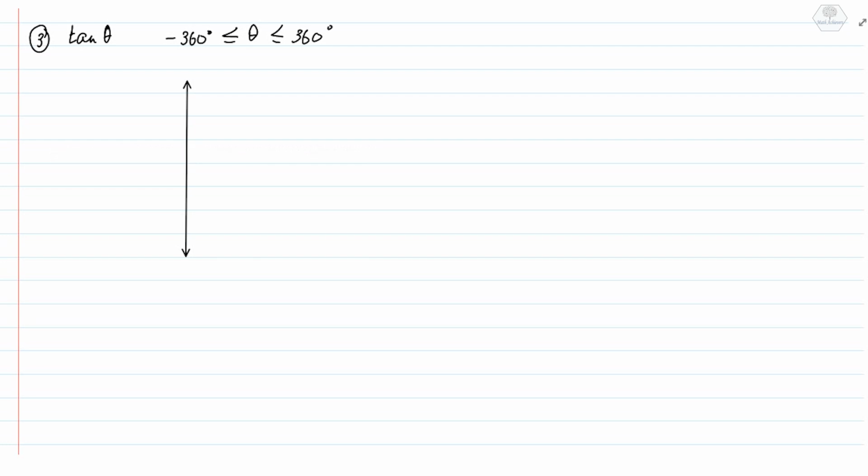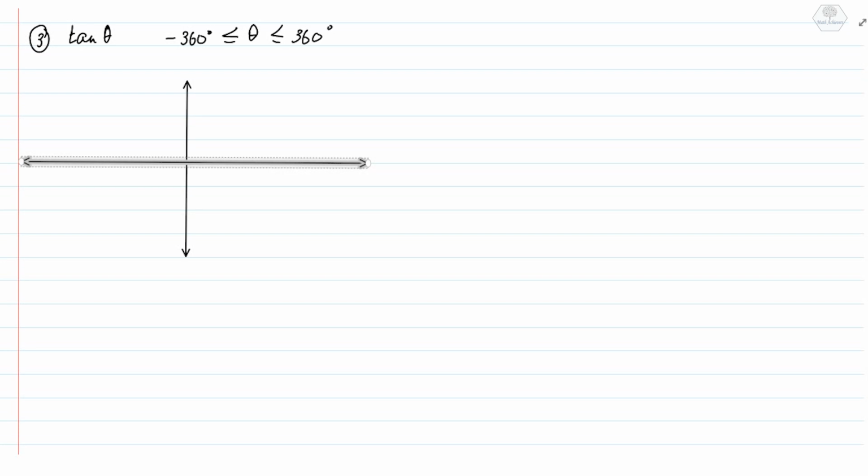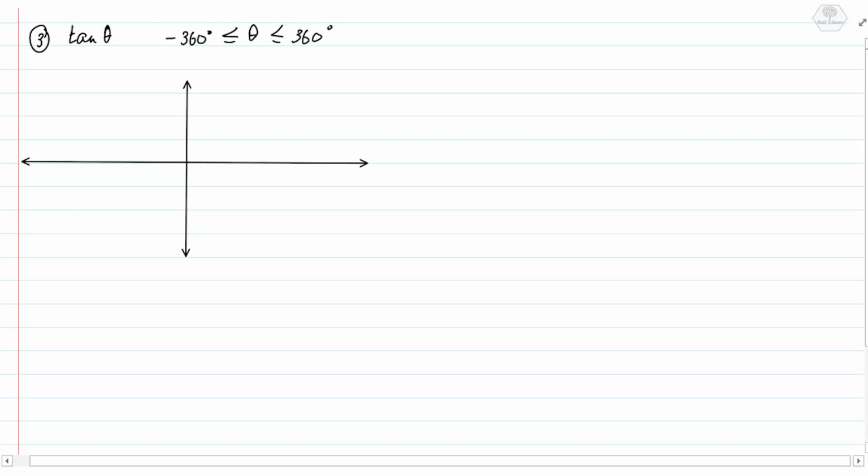Just draw another line. Now this is 90, 180, 270, 360, -90, -180, -270, and this is -360.